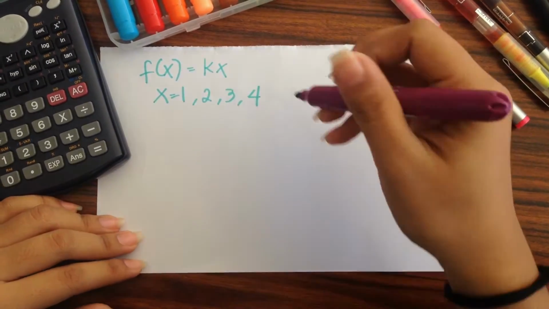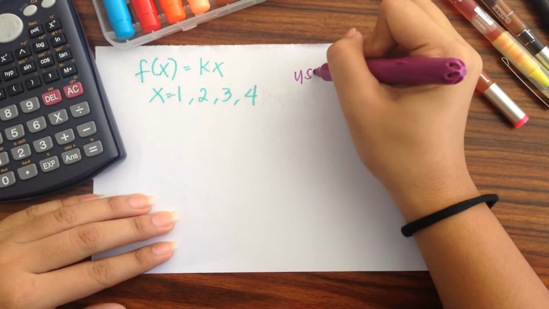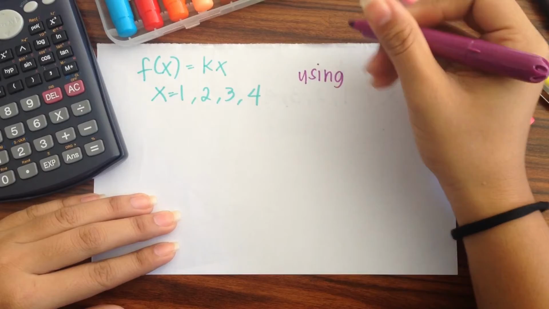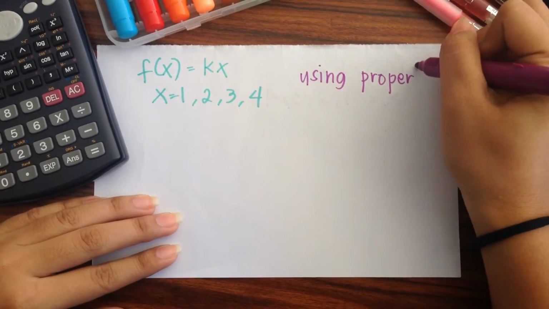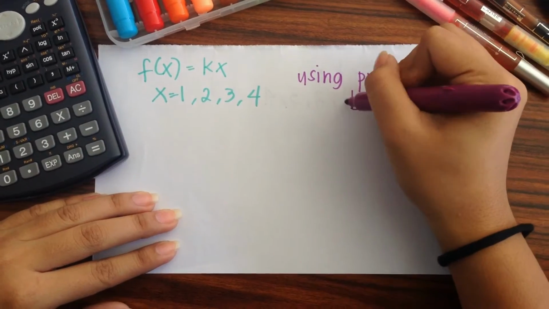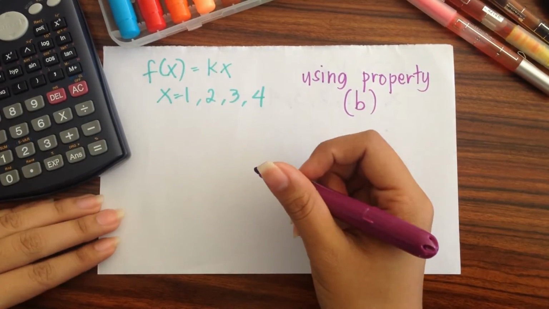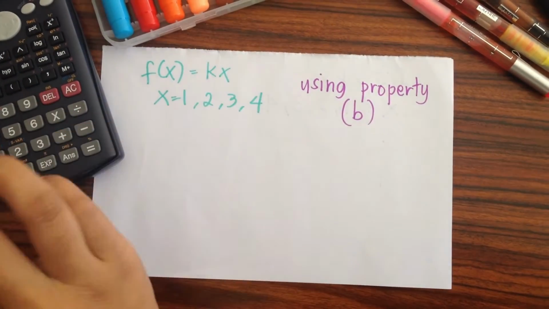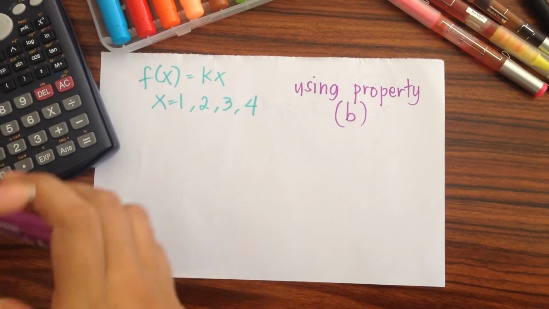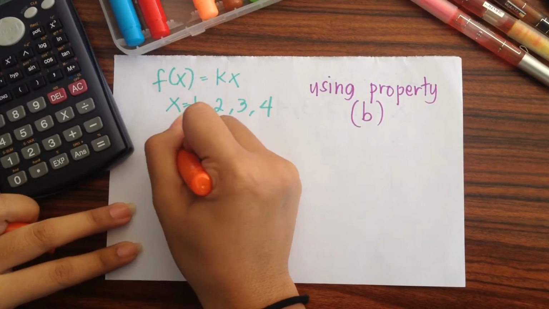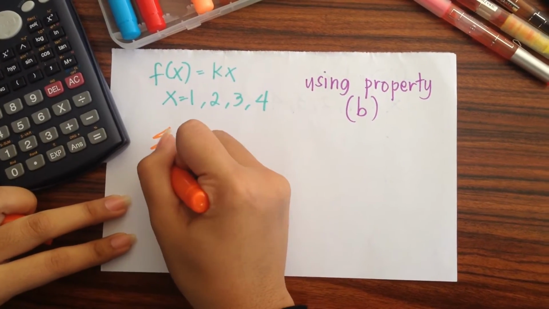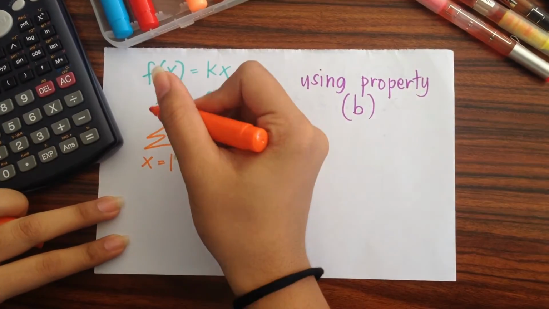In solving this equation, we will be using property B. Now, write summation and let x be equals to 1.